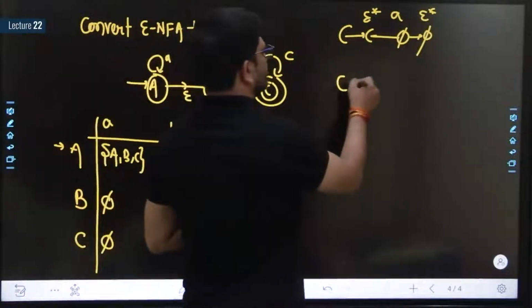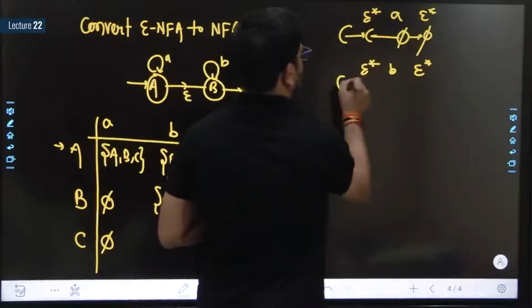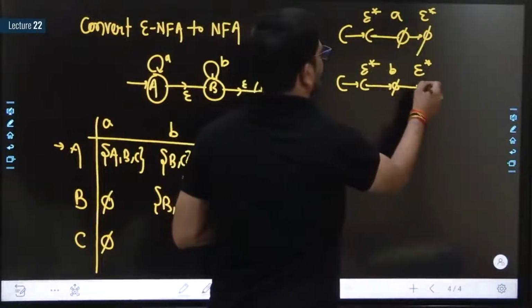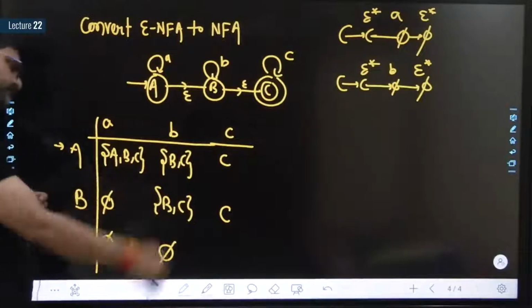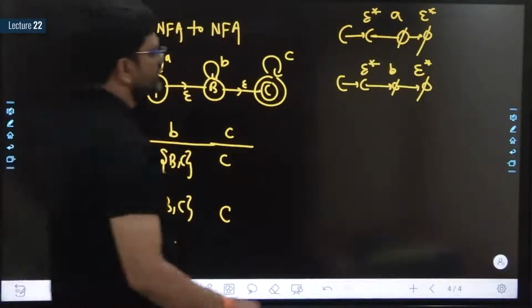Now find out the C on B. Epsilon closure of C on B, phi. Epsilon closure of phi. Clear? Next.